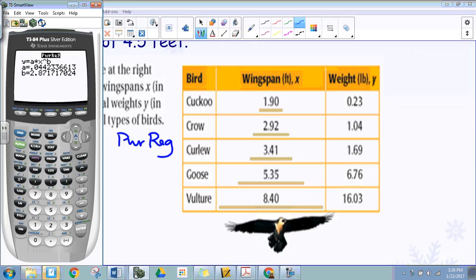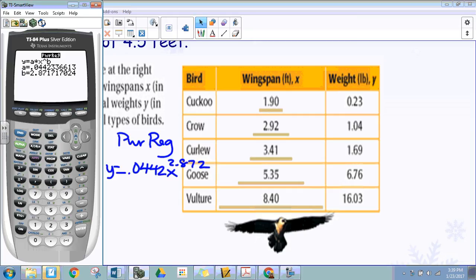And we're going to do, again, 3 decimal places, and if we have any place-setting zeros, in this case we do have one, we'll go 3 after any place-setting zeros. So we get y equals 0.0442 x to the power of 2.872, around 2.872.